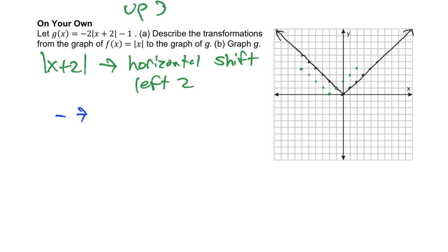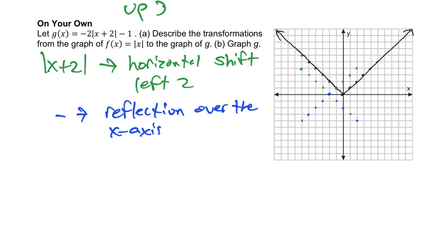The negative means a reflection over the x-axis. So my reflection, as we saw earlier, is I'm going to stay where I'm at, and then I'm going to just put everything, the exact amount of spaces on the other side of the x-axis. I'm going to do just a couple points of each. Okay, so there is my reflection.